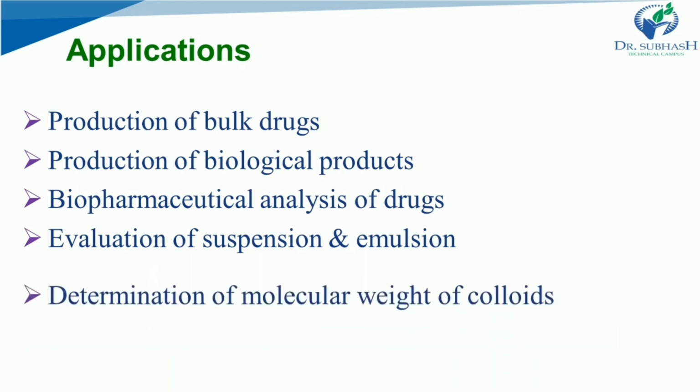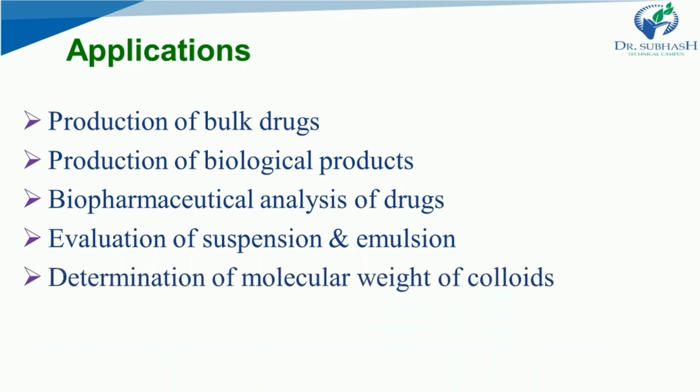Next is determination of molecular weight of colloids. Determination of molecular weight of any polymer is not possible by usual methods. Ultracentrifugation methods are used for determination of molecular weight of serum albumin, insulin, methyl cellulose. Centrifugation or ultracentrifugation is also used for ascertaining the degree of homogeneity of the sample.